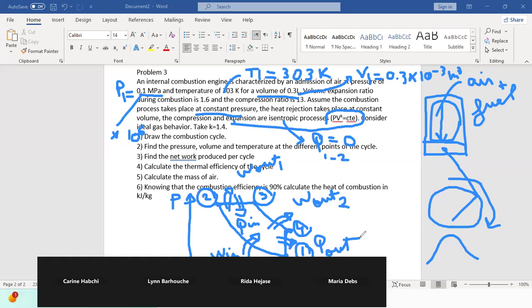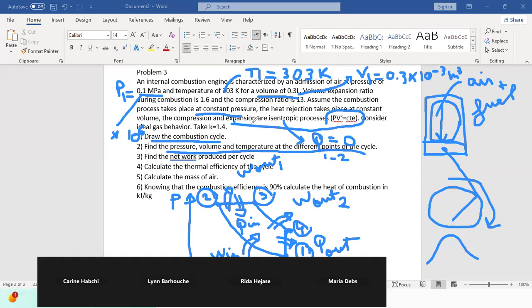First, we said we should draw the combustion cycle. Second step, we need to find the properties at different points of the cycle. It's true that this problem is an application for chapter 4, but from your revision of the chapters of thermodynamics, you will be able to do it.